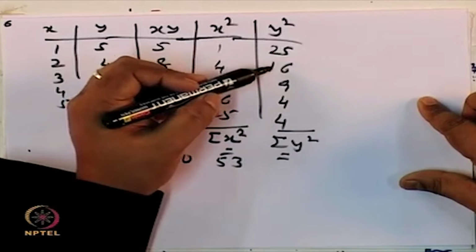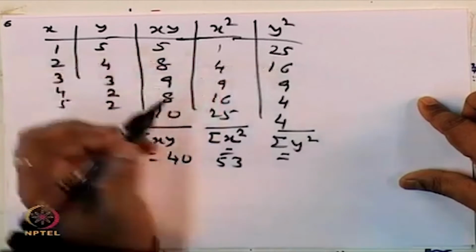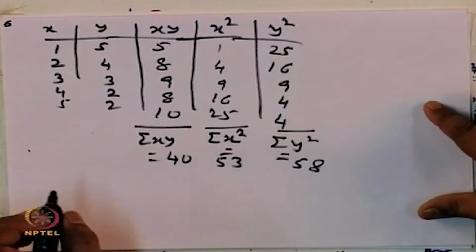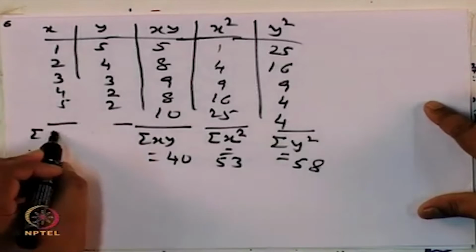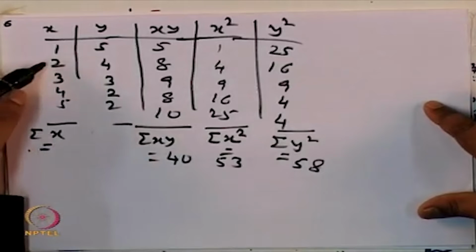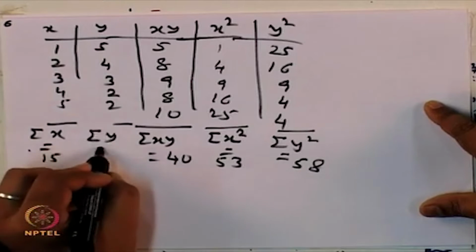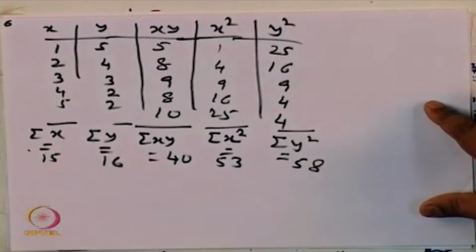and 33, 58. Okay. Summation of x is 15, of course, and summation of y is equal to 16. Okay.